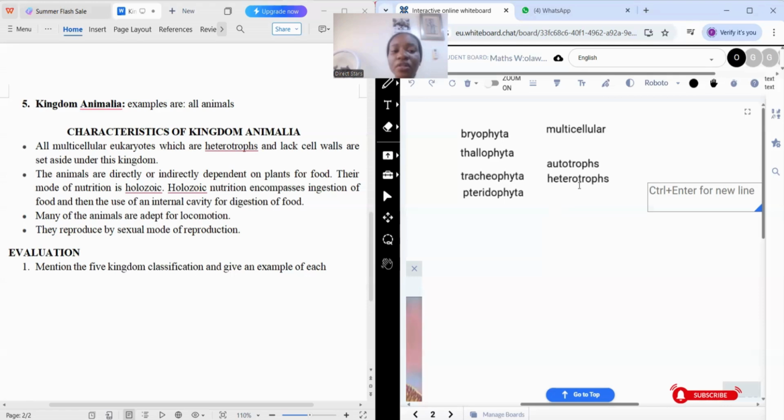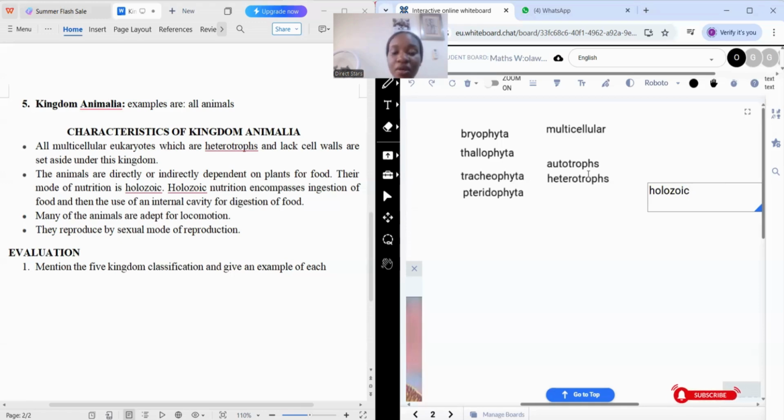Next, holozoic nutrition. Animals exhibit what we call holozoic nutrition. Just as we talked about saprophytic nutrition, that is a mode of nutrition. Now another mode of nutrition is holozoic nutrition. What do we mean by holozoic nutrition? Holozoic nutrition encompasses ingestion of food and then the use of an internal cavity for digestion of the food.